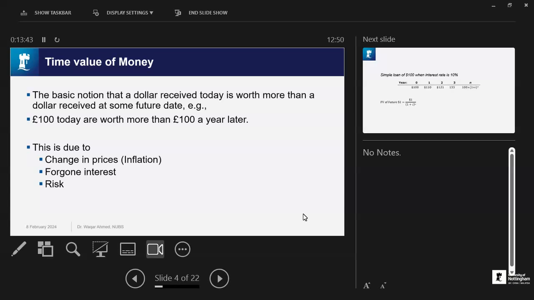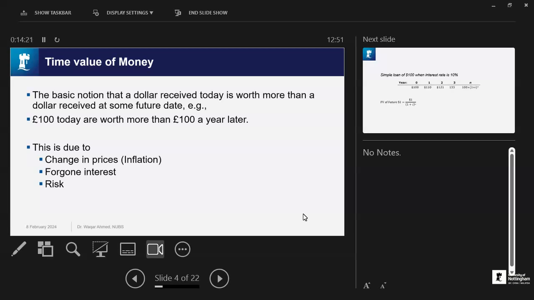Another reason that we need to take into account these differences in timing of cash flows is the foregone opportunity, right? What is this foregone opportunity? It is basically the opportunity cost, right? So if you have $100 today, rather than $100 in a year's time, the least you could do is to invest it, right?